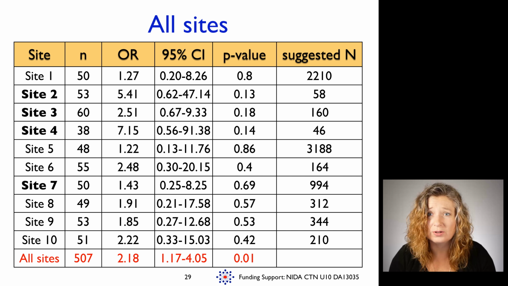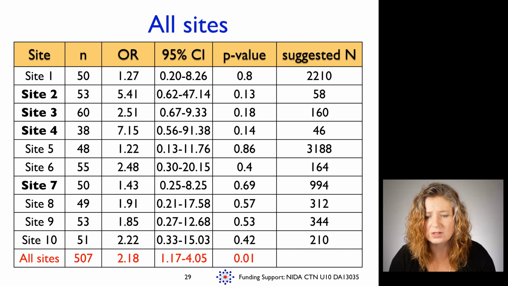So let's look at the results again. Here we have the 10 sites. Regardless which site I would select, my study, my large RCT would be badly informed. In case of site 1, if I selected site 1 as my pilot study, I would probably never perform the large RCT because my pilot study suggests that I need 2,210 subjects in the large RCT.